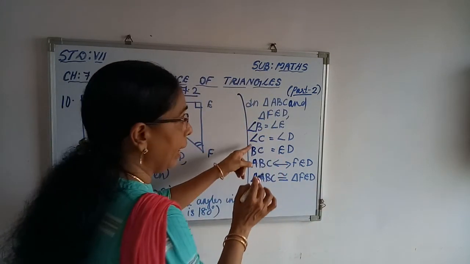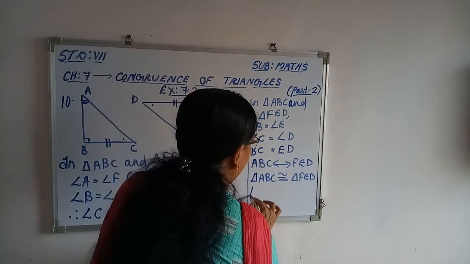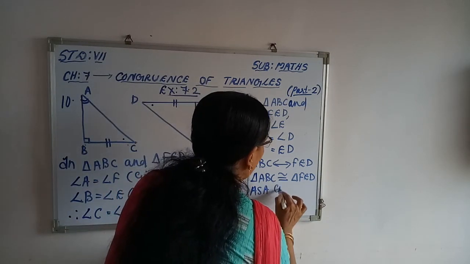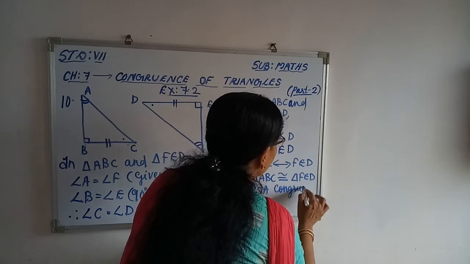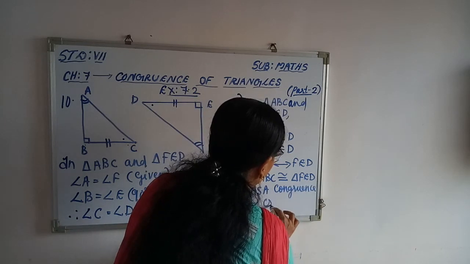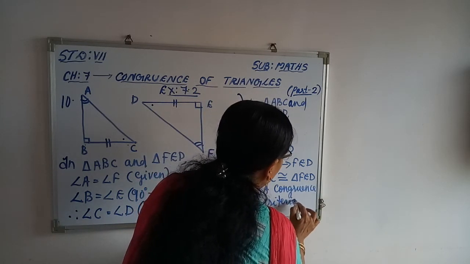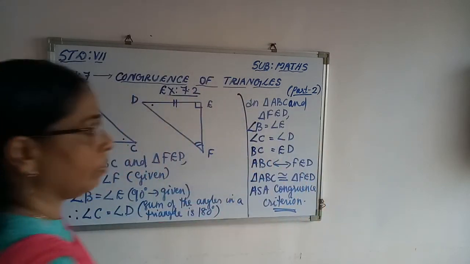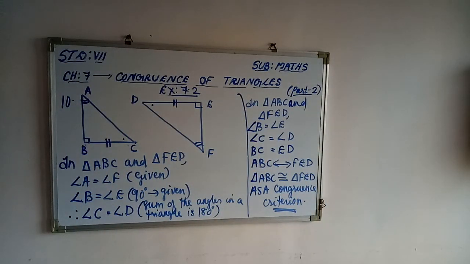That is, two angles and the included side. ASA Congruence Criterion. Clear? Here don't write AAA, because three angles equal. So don't write it as AAA criterion, because we already proved that such a criterion is not there. One question was there, isn't it?